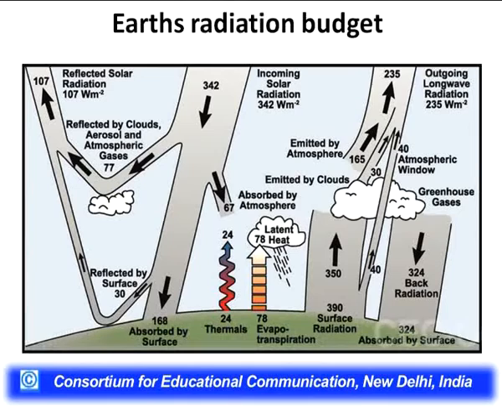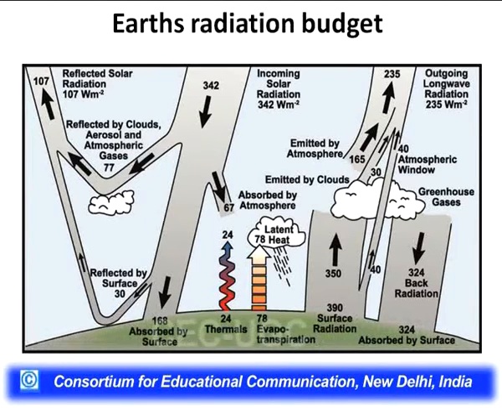So, in total it is 107. Now, we can say out of 342, 107 is getting reflected back, and here it is again pertinent to see that 67 watts per square meter is getting absorbed by the atmosphere. So, now we are left with 168 watts per square meter, which is being absorbed by the Earth's surface.